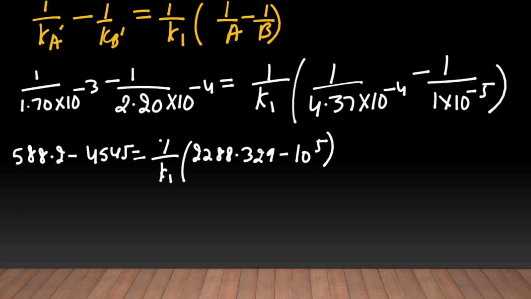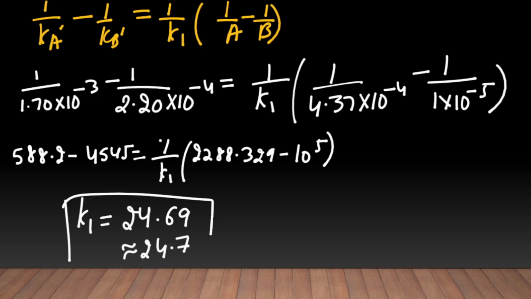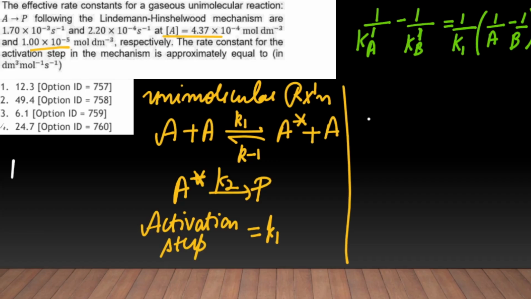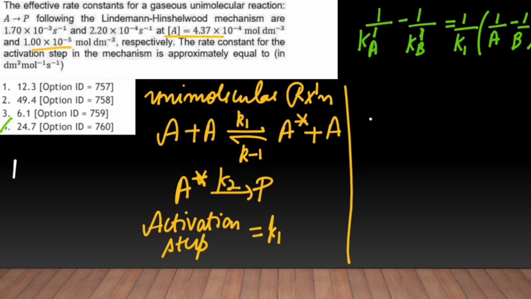So this K1 value we get as 24.69, that is approximately 24.7. This is the rate constant for the activation step. So the answer is the fourth option, and fourth becomes the correct answer in this case.